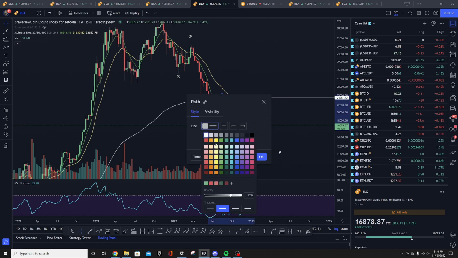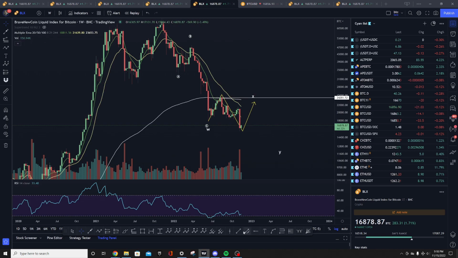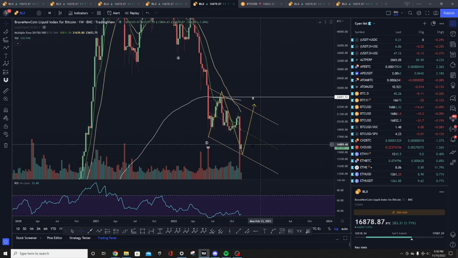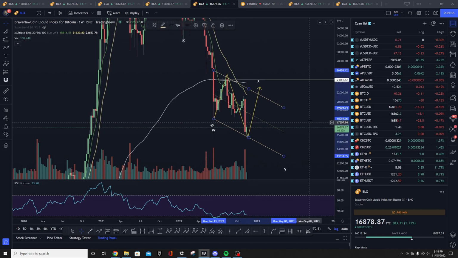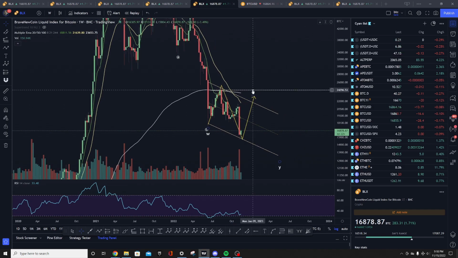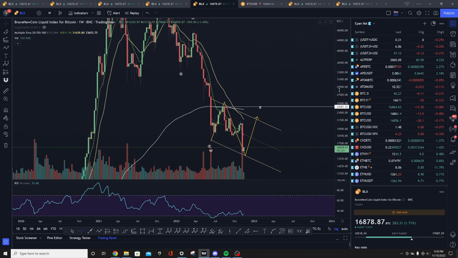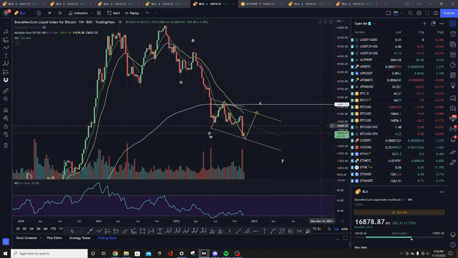Although I give it less weight, it's still a possibility where it's some kind of flat. We're trying to kill time, and it actually does kind of make sense because we didn't really break too low. It kind of stopped at a weird point. So maybe it takes liquidity at the highs and then we nuke. So we're just gonna have to wait and see.